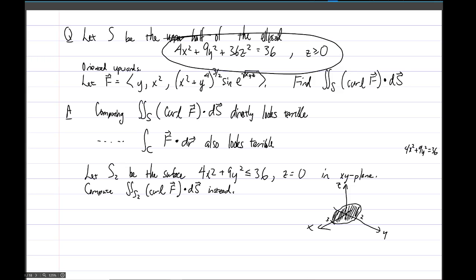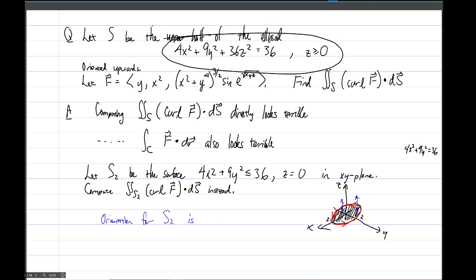Here we have this surface that we traverse around counterclockwise when looking from above, because the original surface was oriented upwards. For this new second surface, we should still orient upward. And the great thing about this new surface S2 is that the orientation is way easier than for the original surface.